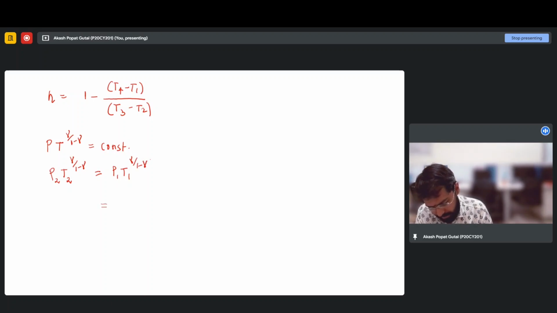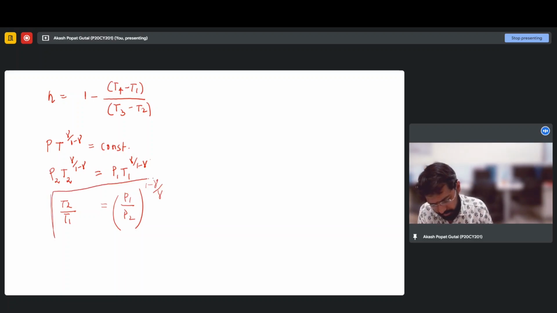From that, we can calculate the relation between T2 and T1. We get T2 divided by T1 is equal to P1 by P2 raised to 1 minus gamma upon gamma.